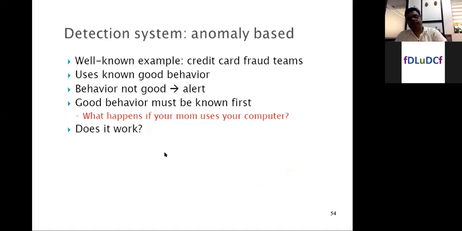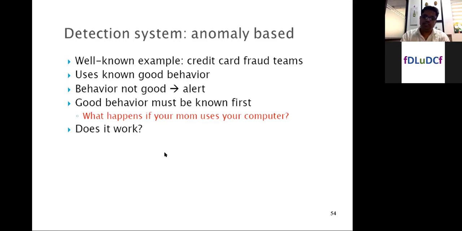Let's come to anomaly-based detection. In anomaly-based detection, intruders are detected based on variations from regular patterns. In order to understand the default behavior, we have to train the system. When you train the system, we cannot always train it perfectly.